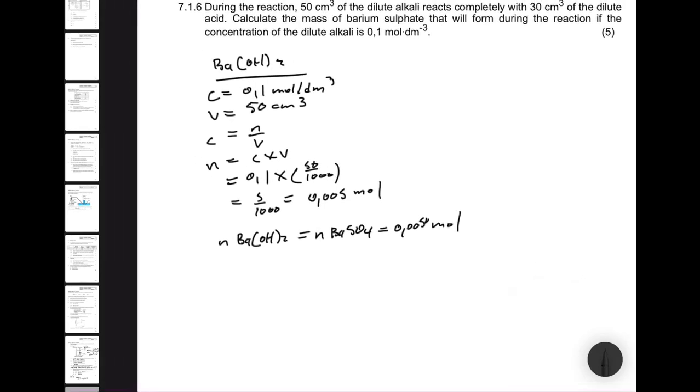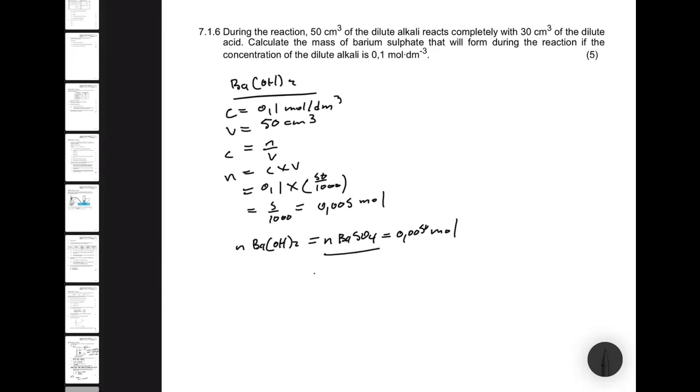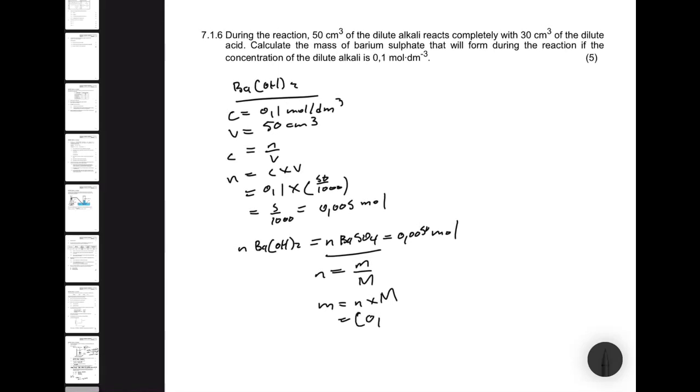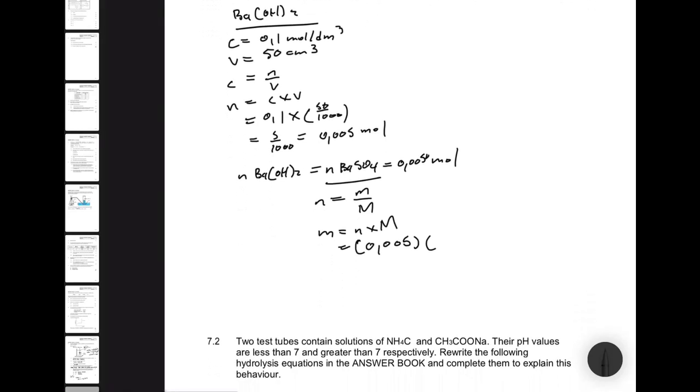Now we can calculate the mass of barium sulfate. We have the number of moles, and the molar mass we can get from our periodic table. So now we know fully well that the number of moles is equal to the mass divided by the molar mass. If you make the mass the subject of the formula, you get number of moles multiplied by the molar mass. So what is the number of moles? What we just calculated, right? So we have 0.005 multiplied by the molar mass of barium sulfate.